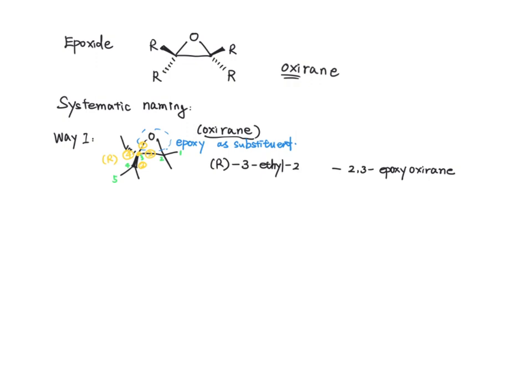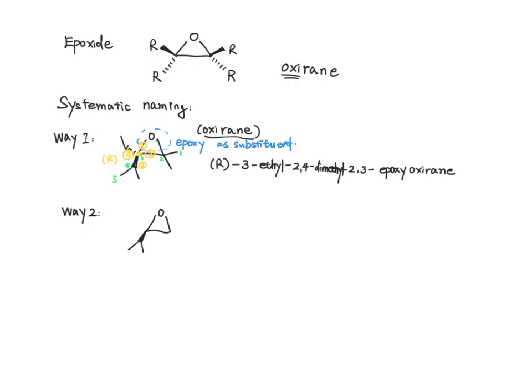On 2, you have 1 methyl. On 4, you have another methyl, so 2,4-dimethyl, 2,3-epoxy.